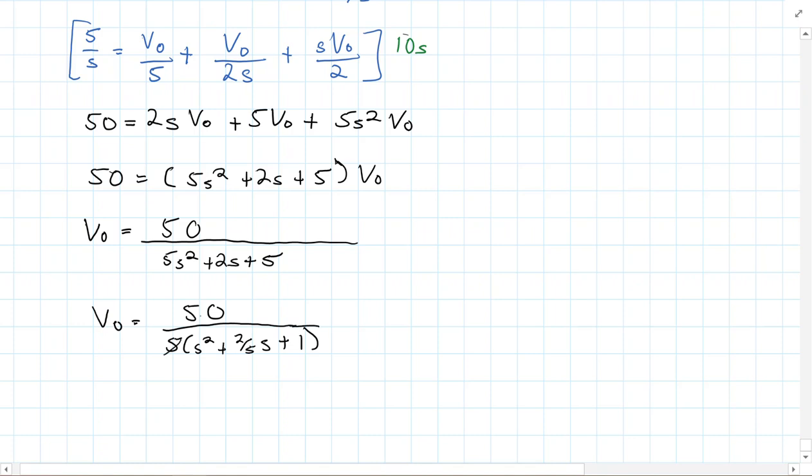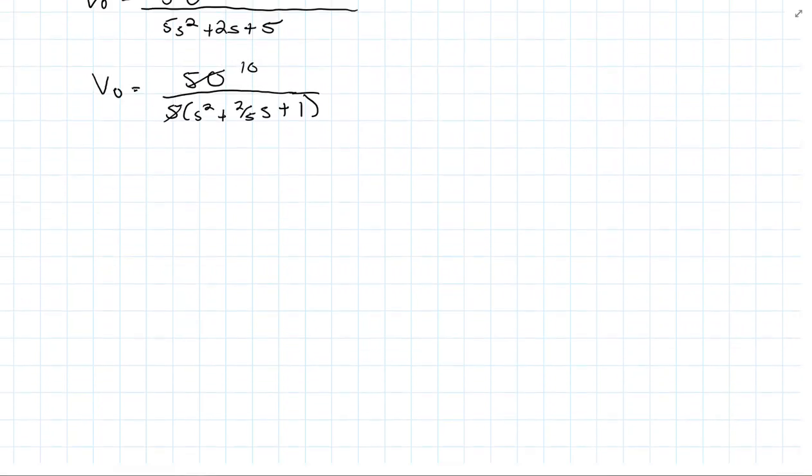And then of course I could cancel that and get a 10 up here. And this is 10 over s squared plus 2 over 5 times s plus 1.